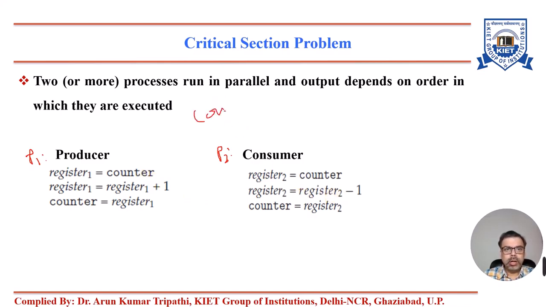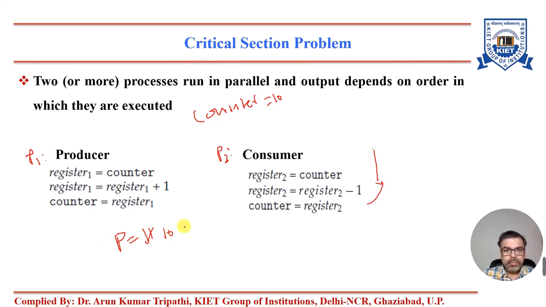The counter has some predefined value, let it be 10. If these are independent processes, P1 will increase the value to 11, then the consumer will decrease it and it will become 10. So the answer will remain 10.